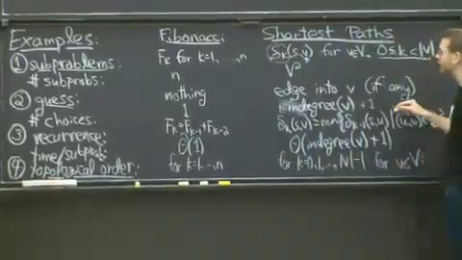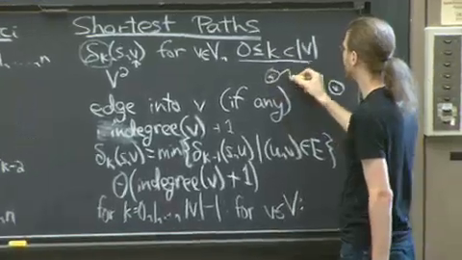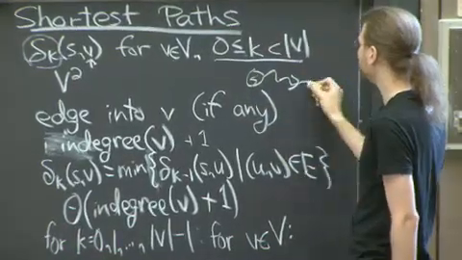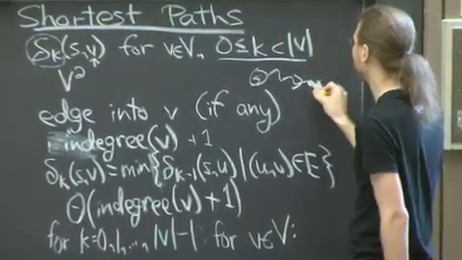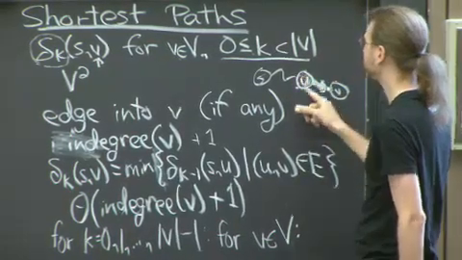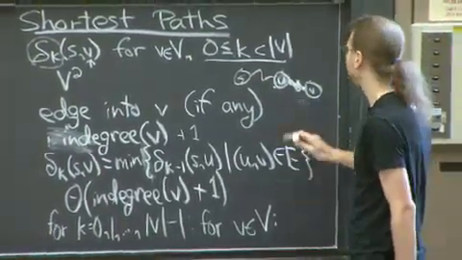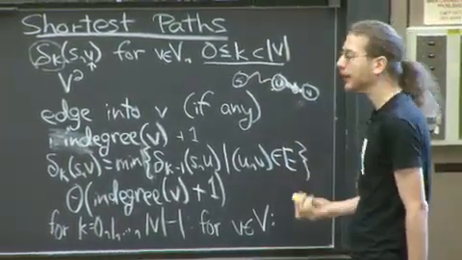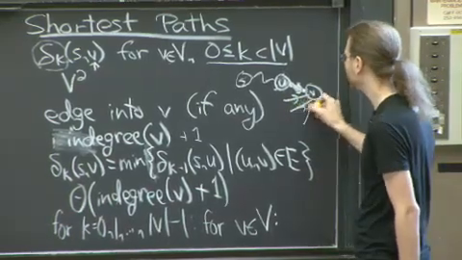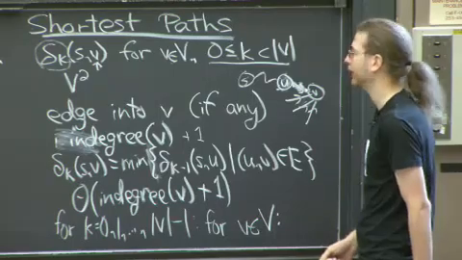For shortest paths, what we guessed was, well, we know we're looking for some path from S to V. Let's guess what the last edge is. There's some last edge from U to V, assuming the path has more than 0 edges. What could that edge possibly be? Well, it's some incoming edge to V. So there's going to be in-degree of V different choices for that.